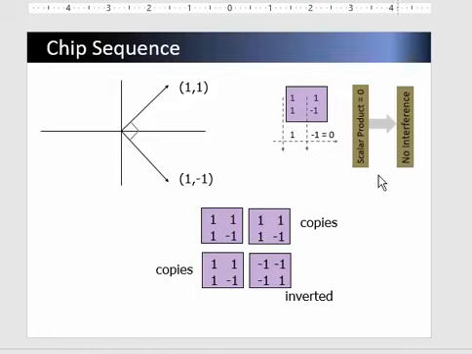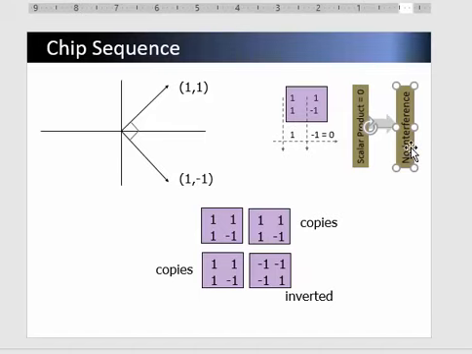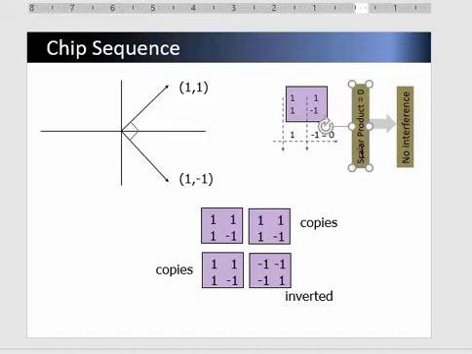Okay, as I said here, if the scalar product is 0, which means the dot product is 0, then there is no interference. What do you mean by scalar product?